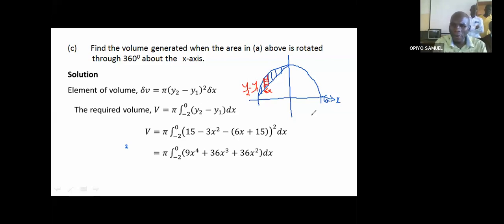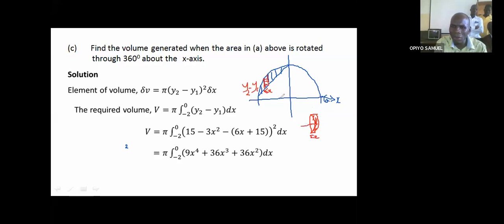So we know when we rotate this small area, it will form for us a shape that looks like this. So the shape formed is going to be like this. And you can see from here, this is the small strip. This will be delta x. And the radius will stop here.